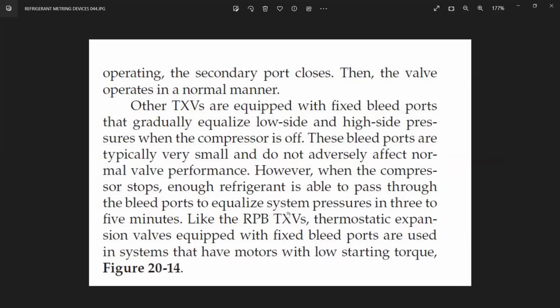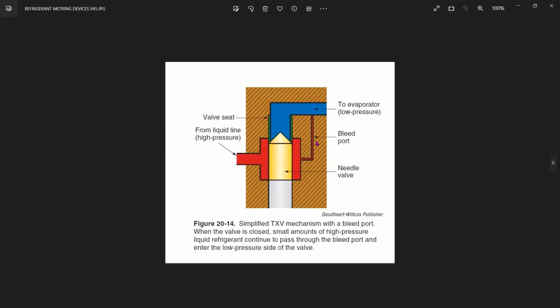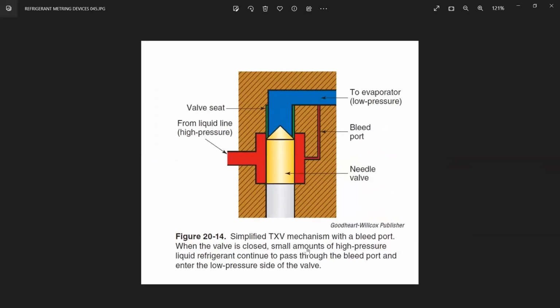Like RPP TXVs, your bleed port TXV, the thermostatic expansion valves equipped with fixed bleed ports, are used in systems that have motors with low starting torque. Okay, now you have two designs. You have one design, a simplified TXV with a bleed port. You see this bleed port is a very small opening in comparison with the high pressure line and the low pressure line.